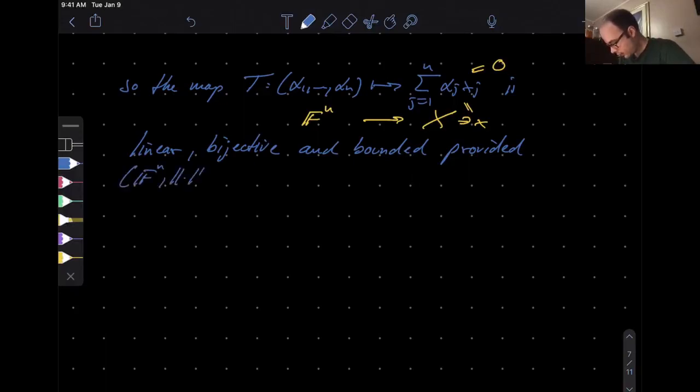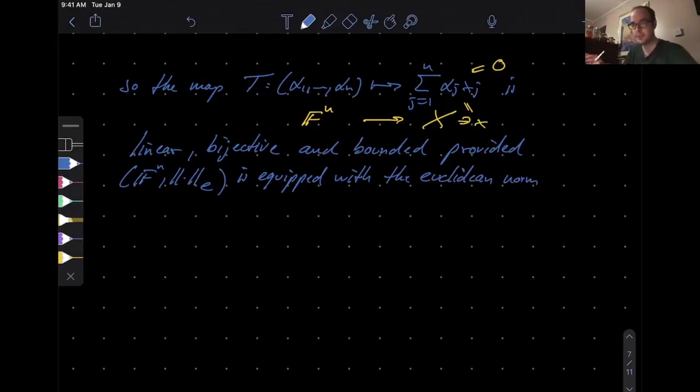F n, I will write subscript E for Euclidean, is equipped with the Euclidean norm. The Euclidean norm is just the ordinary sum of squares of the coordinates, and then you take a square root at the end of the day.